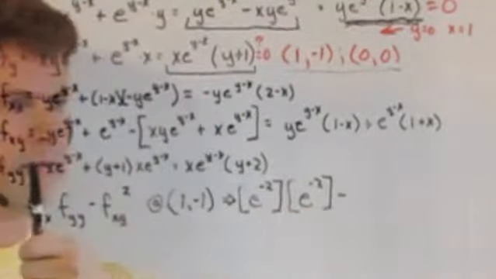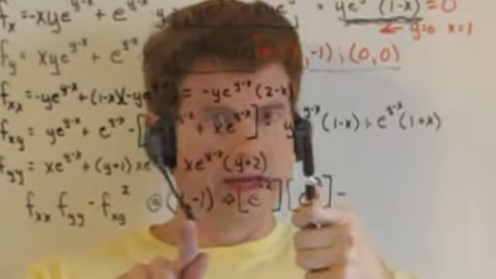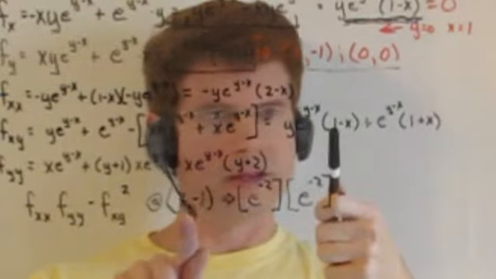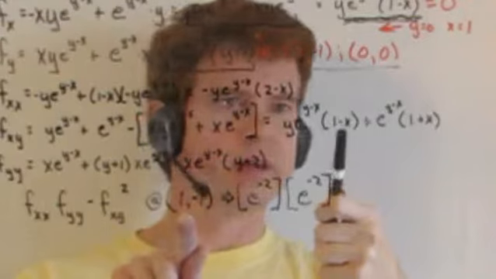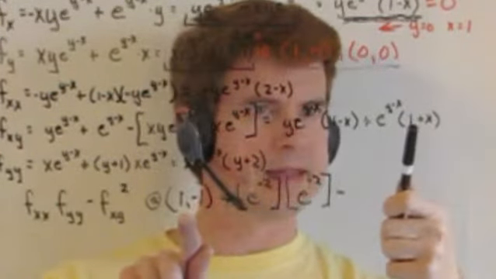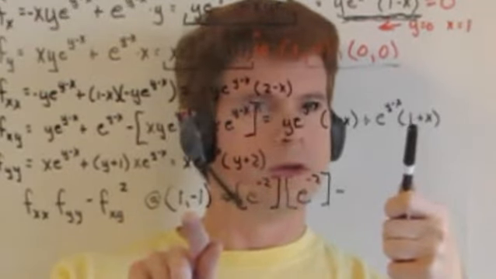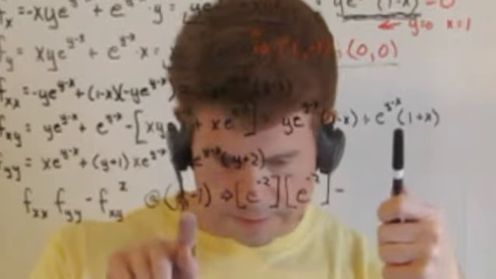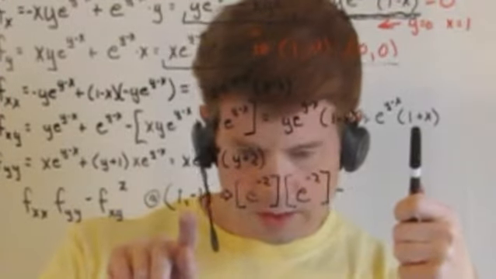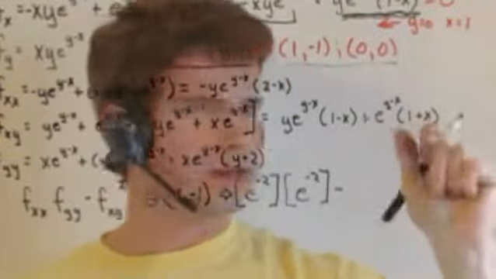And then we are subtracting the square of fxy. So plugging our points in here, we have 1 minus x here. Since x equals 1, that's going to become 0, so we don't have to worry about that side. And over here, it is 1 plus, wait a minute, I'm sorry, I made a mistake on my signs here.